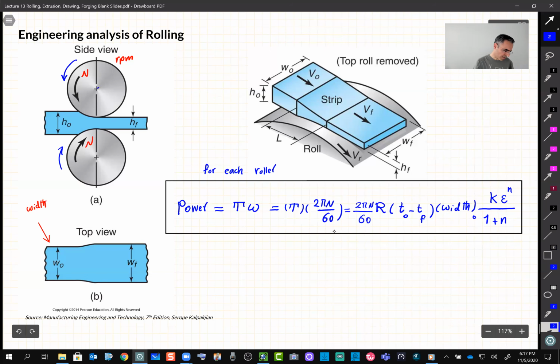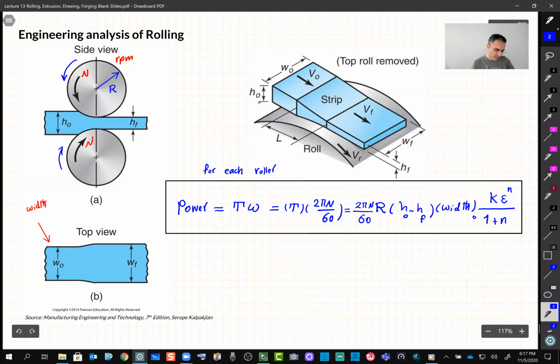So R is the radius of the roller, N is the rotation speed, and T0 and TF we are getting from here. They call it H0. Let's be consistent with this shape. I know I call it T. Let's call them H0 to H final.